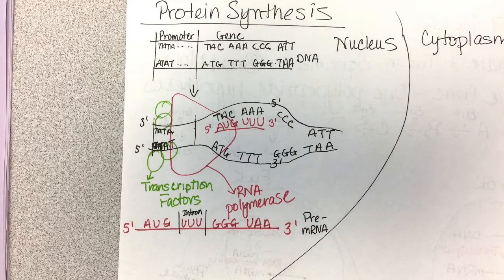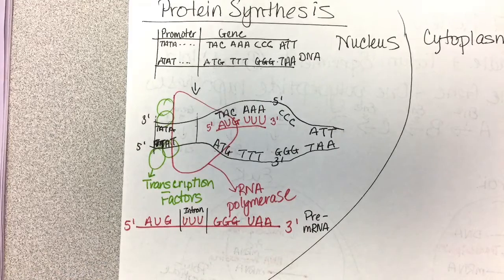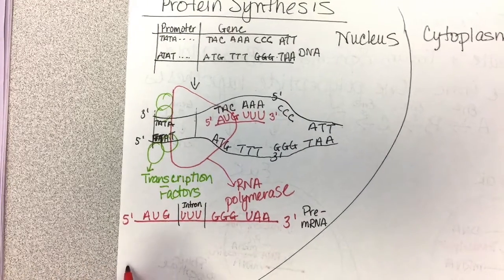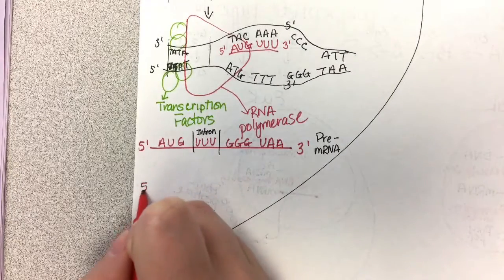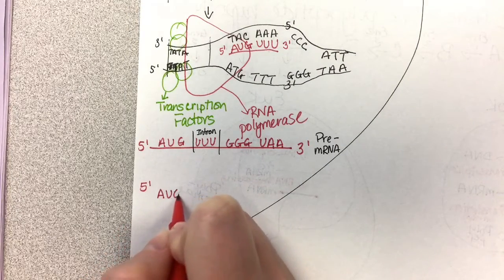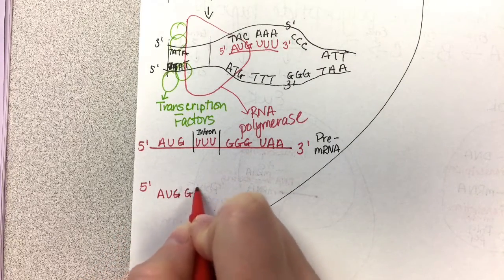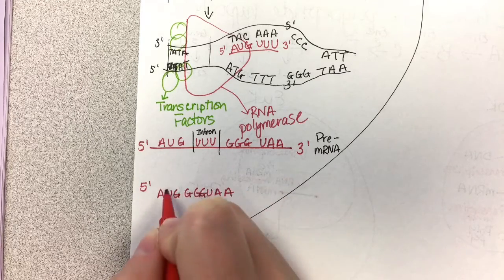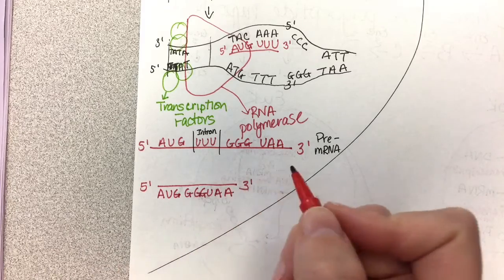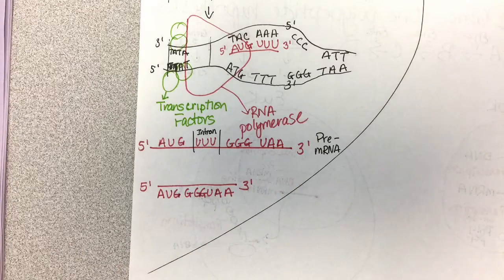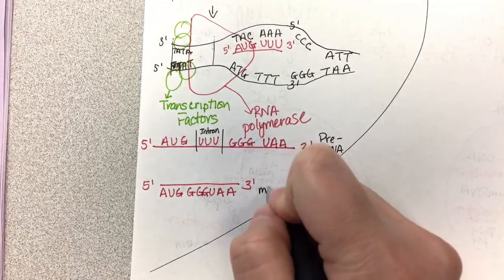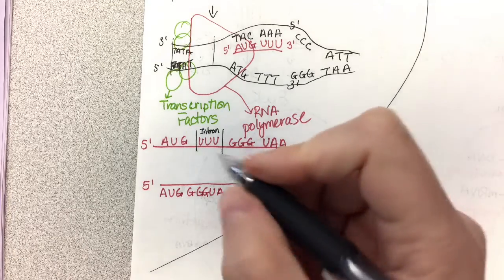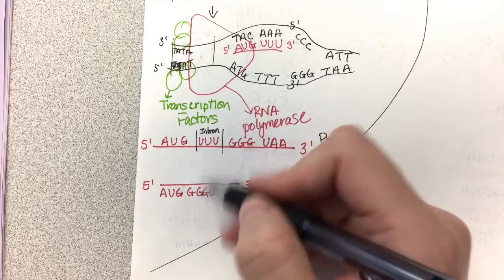When we cut it out, let's say the rest of them are exons, so we're going to cut that out, so we're going to have a shorter mRNA strand. We're going to have AUG, then GGG, then UAA, GGG, 3'. All right, and so this is your final mRNA. And this process is the processing.